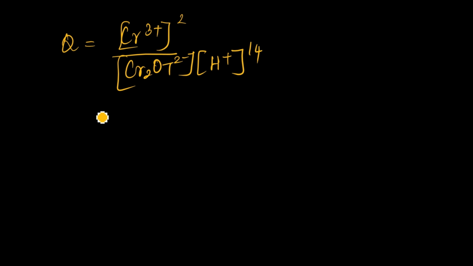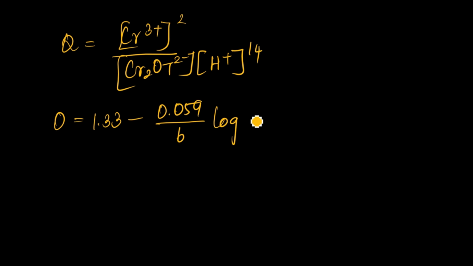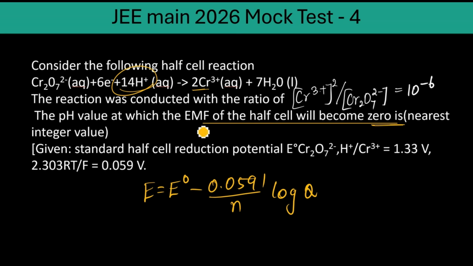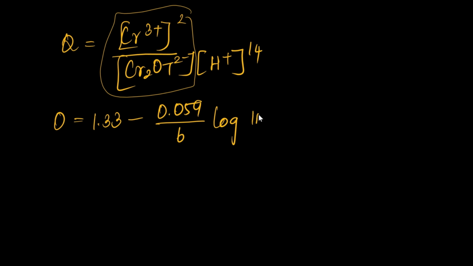So 0 is equal to 1.33 minus 0.059 by 6 log Q. This value I know is given as 10 to the power minus 6. So 10 to the power minus 6 divided by H+ to the power 14.